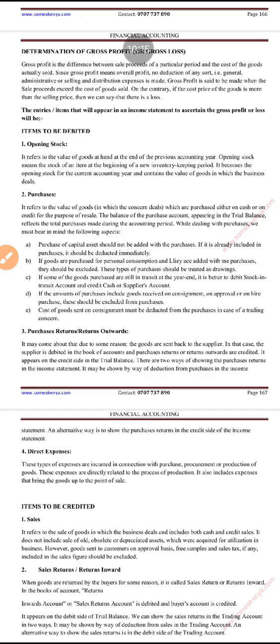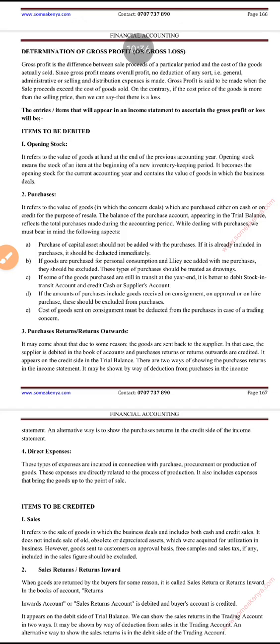So sometimes a business will purchase goods and maybe due to some reasons, maybe the goods are not of the intended quality, intended quantity, or maybe they are not the right goods that were ordered. They are returned back to the seller.